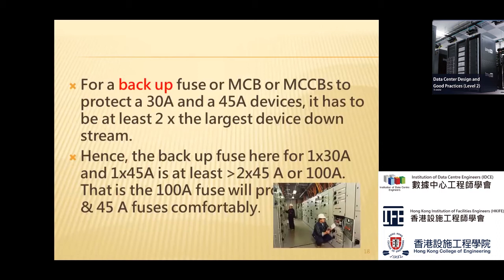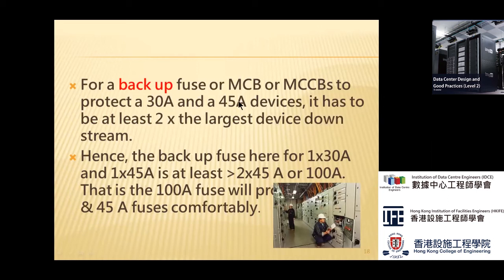The protection device behind or protecting this 30 amp MCB or 45 amp MCCB, for example, needs at least 1.8 times or 2 times basically. So if you have a 30 amp MCB, you want to have a backup fuse or MCB to protect that 30 amp fuse, you might need 2 times of it. So that means you could use at least 30 times 2 is 60 amps to protect that 30 amp.